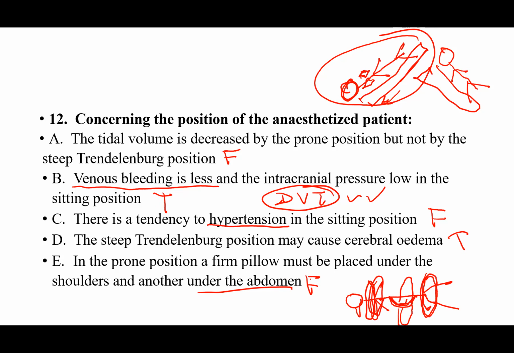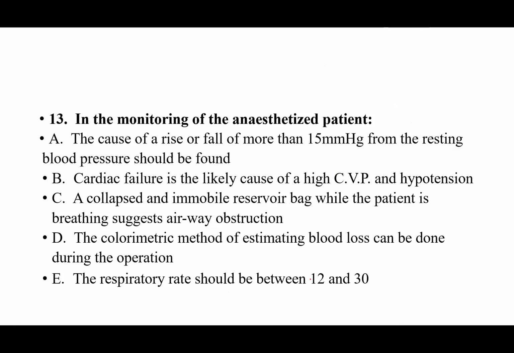Is it clear? Yes. In the monitoring of the anesthetized patient, the cause of a rise and fall of more than 15 millimeters of mercury from the resting blood pressure should be found.